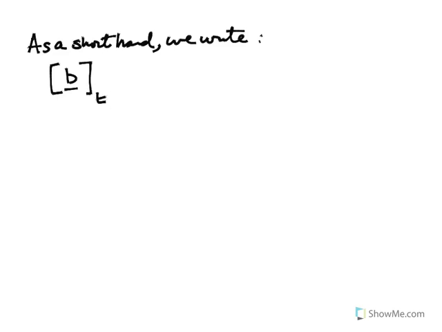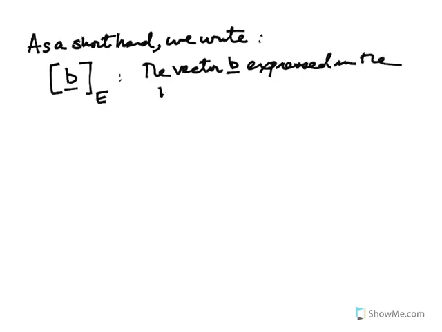As a shorthand, we write the following. We say B, when expressed in the basis defined by E, is the vector B expressed in the basis E, which in this case is equal to E1, E2, E3.